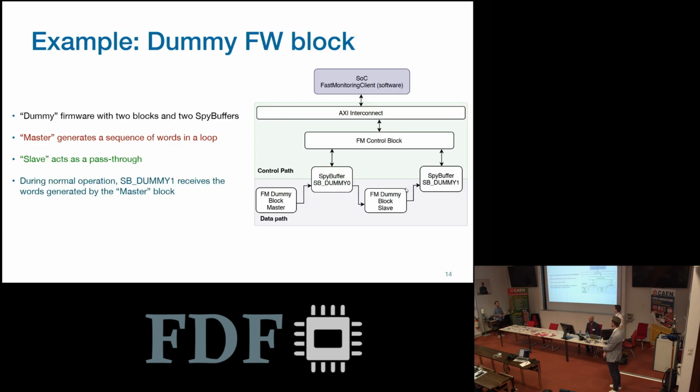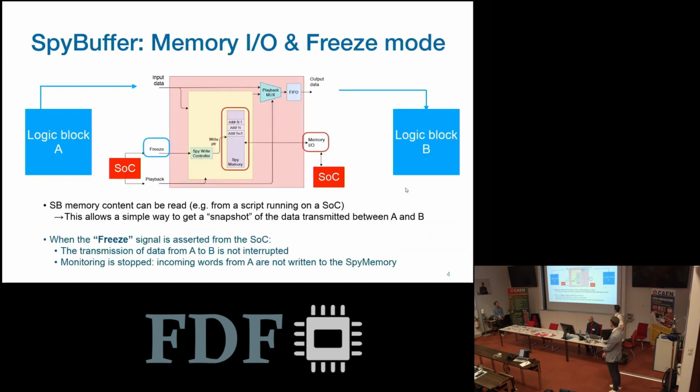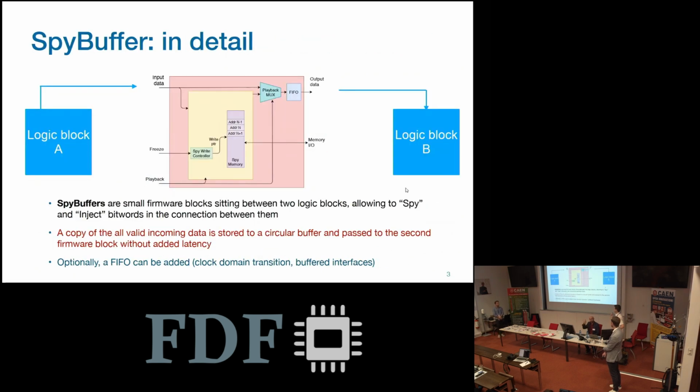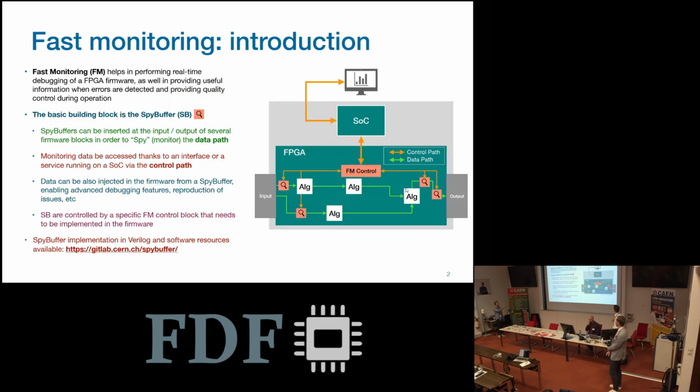Essentially, the number of configurable logic blocks has to do with the size of the buffer and its width, plus some other registers for implementing the MUXes and the other few things that you have in the diagram here. Okay, so if you are really constrained, you can, in principle, act on the number of the SpyBuffers that you want to insert, and maybe you can act on their depth. This really depends a lot on what you want to monitor.